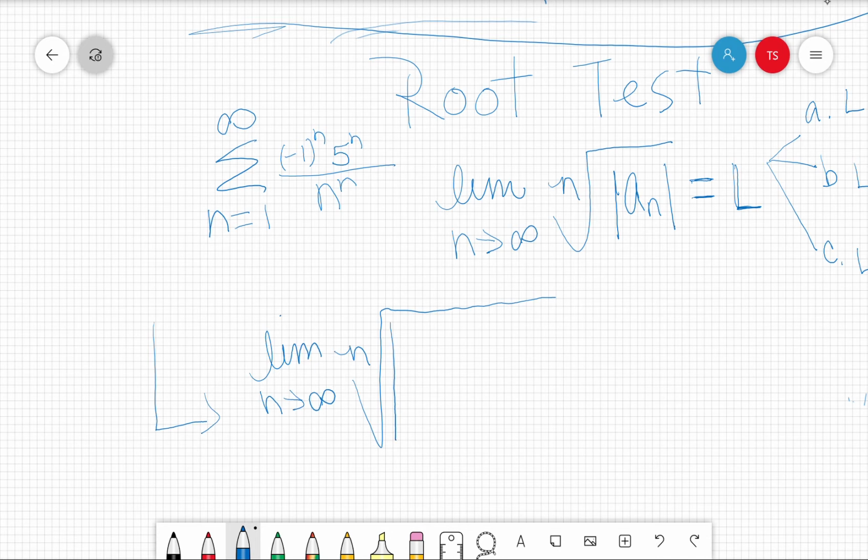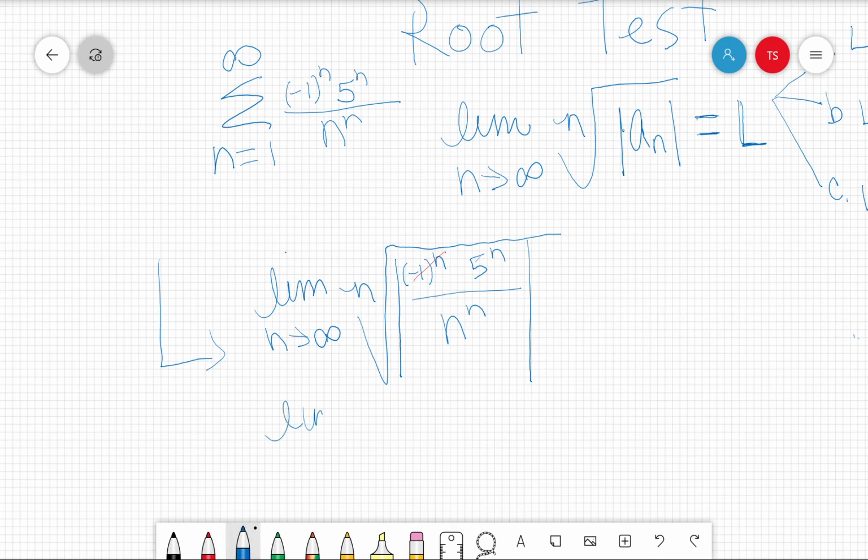So if I'm taking the absolute value of (-1)^n, 5^n over n^n, then this (-1)^n doesn't matter, it has no effect on this limit. So we can ignore that -1.